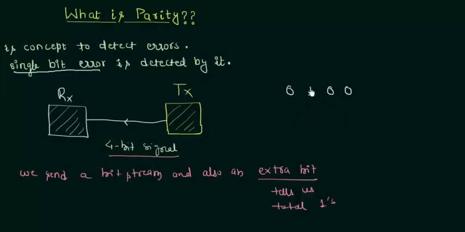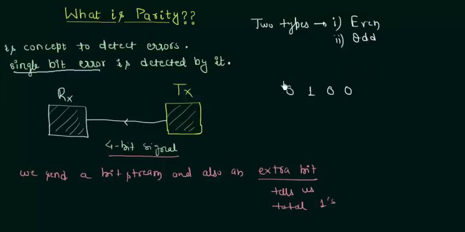So depending upon this, there are two types of parity. The first one is even parity, and the second one is odd parity. Okay, now if we are talking about even parity, what will happen?